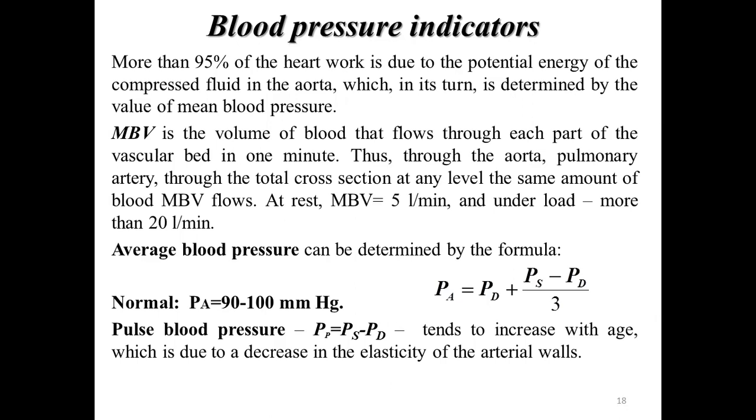So through the aorta, pulmonary artery, through the total cross-section at any level, the same amount of blood minute volume flows. At rest, minute blood volume is about 5 liters per minute.